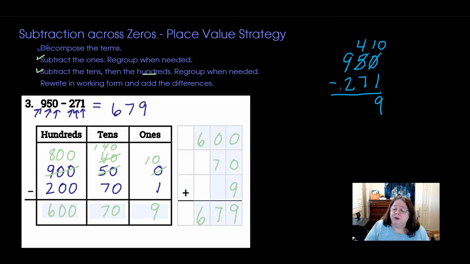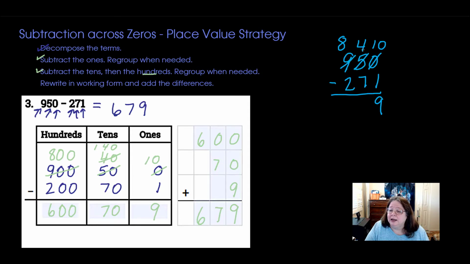So now we move over to the next column. We've done the ones. Now we're going to do the tens. My number on the bottom is bigger, my digit on the bottom, so I'm going to have to do regrouping again. I cannot take 7 from 4, but I notice there are some hundreds here, and so we're going to go to the hundreds column. We're going to take 100 away, so instead of 9, there will be 8, and 100 is the same as 10 tens.